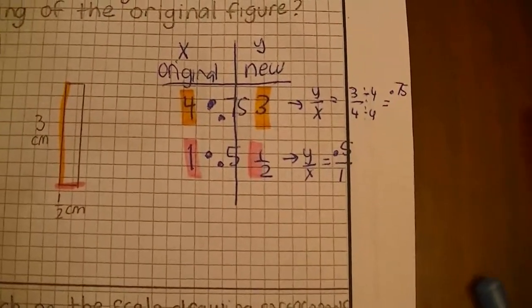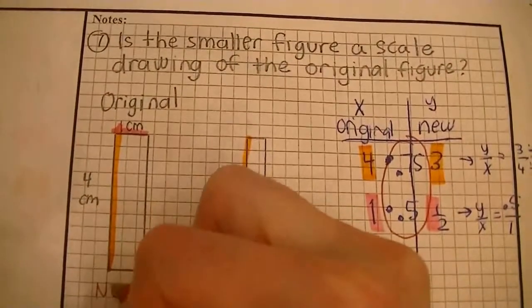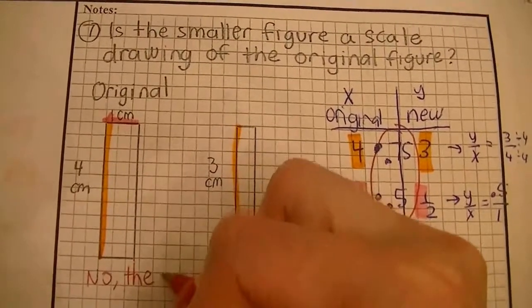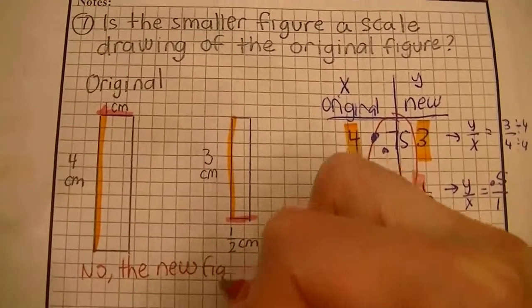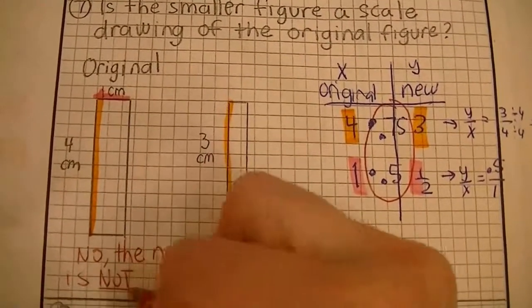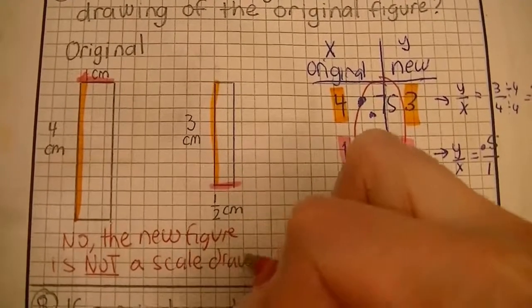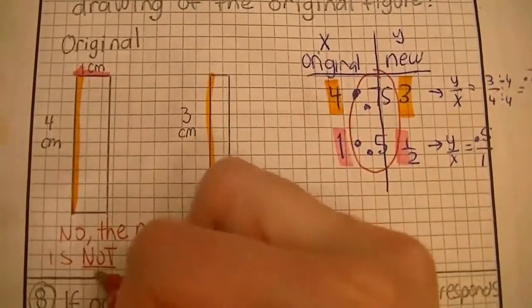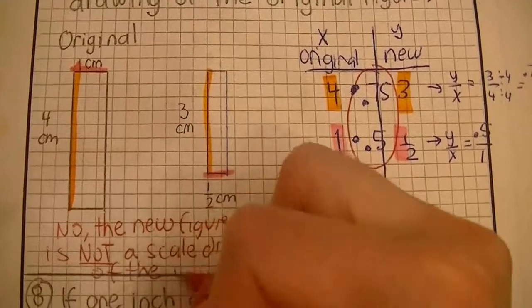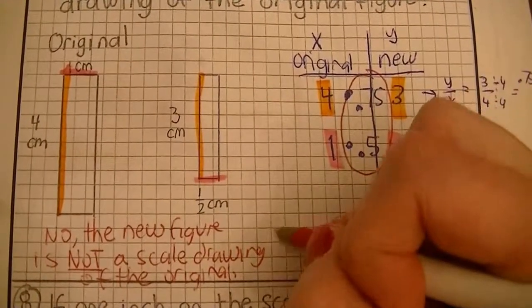Did that make sense? Circle that right there. That's kind of a big deal. So no, the new figure is not a scale drawing of the original. And how come?